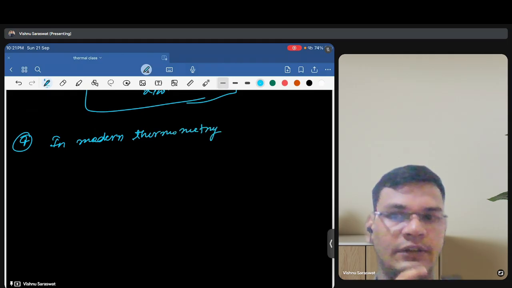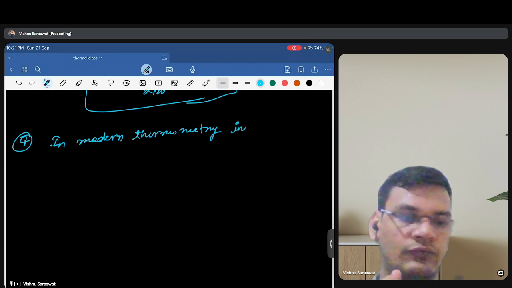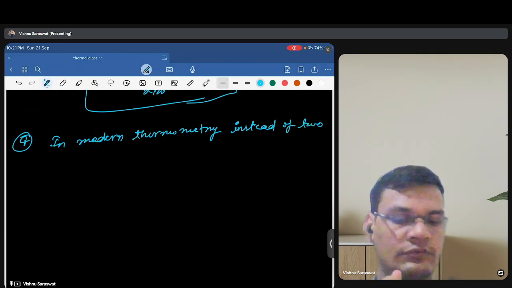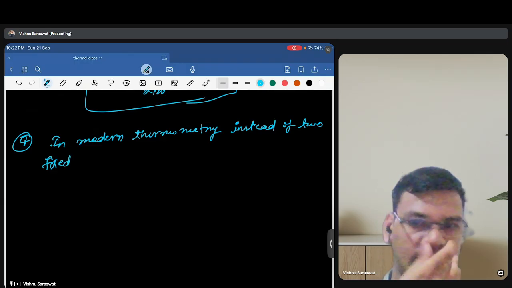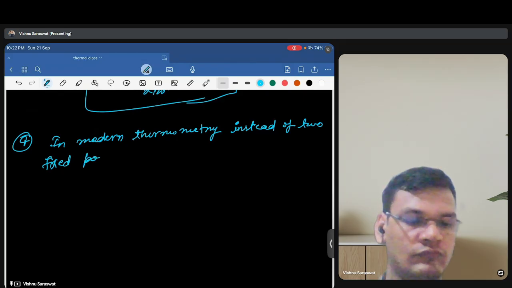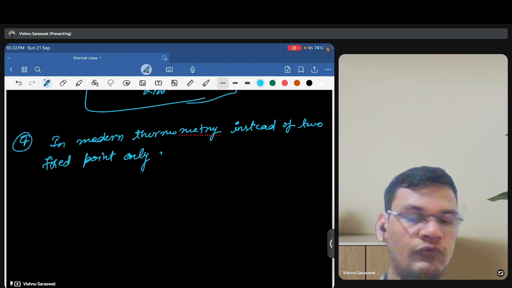In modern thermometry, instead of two fixed points, only one reference point is chosen. You can write it down again.